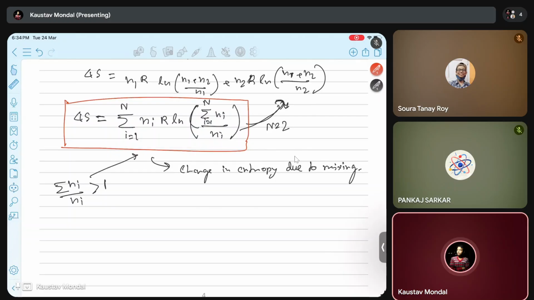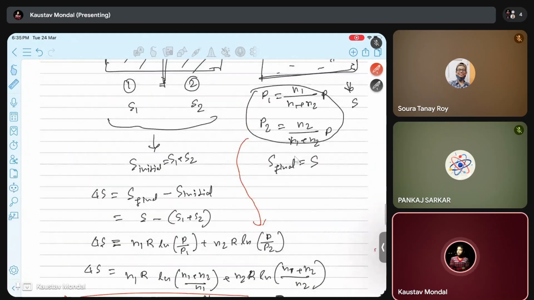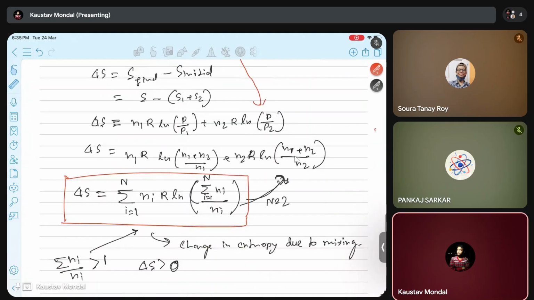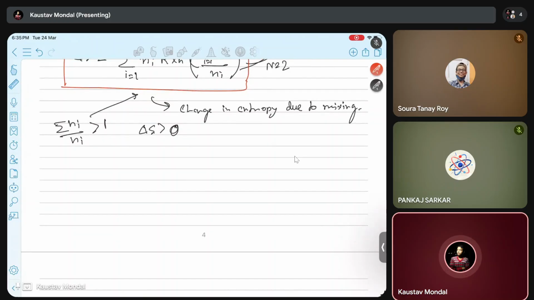So this thing is always greater than 1. This ensures that this expression will be greater than or equal to 0. So delta S will always be greater than or equal to 0. That means during this process, the entropy of the system is increasing, so the entropy of the universe is also increasing.